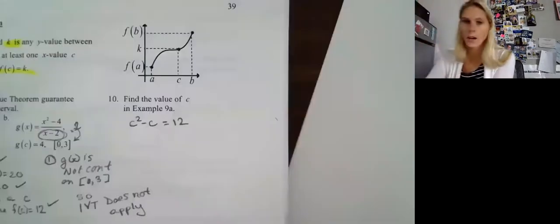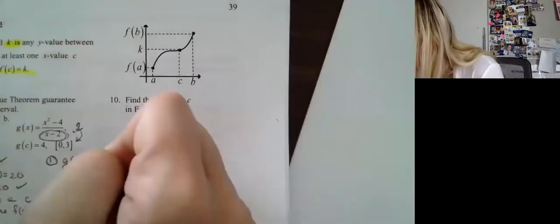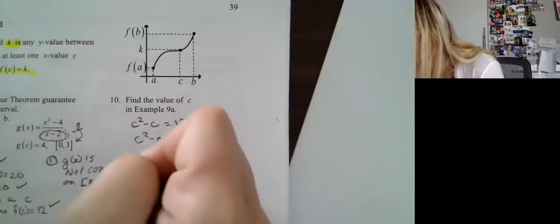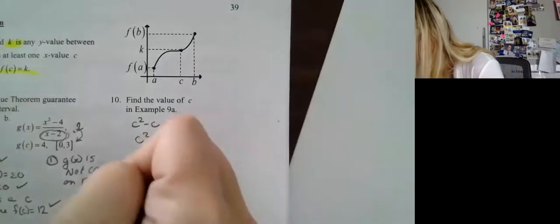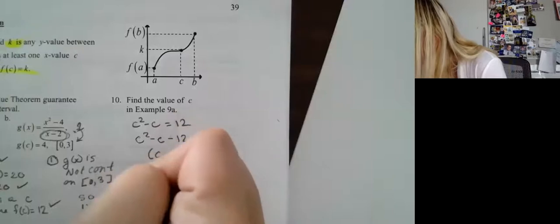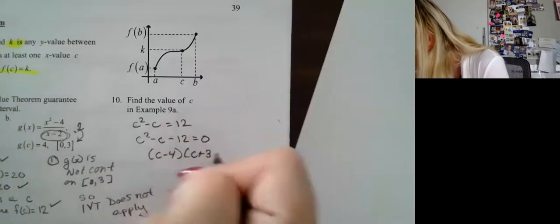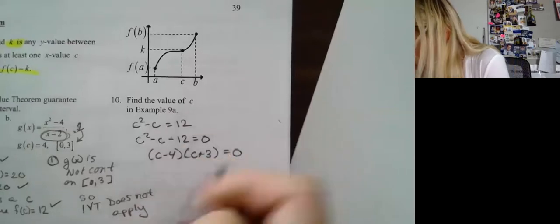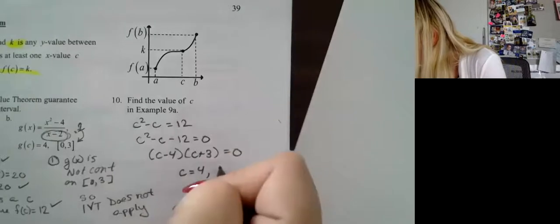And now we're going to solve. It's a quadratic, so I'm going to have to move everything to one side and factor. So I get C minus 4 times C plus 3 equals 0, which means C is 4 and C is negative 3.